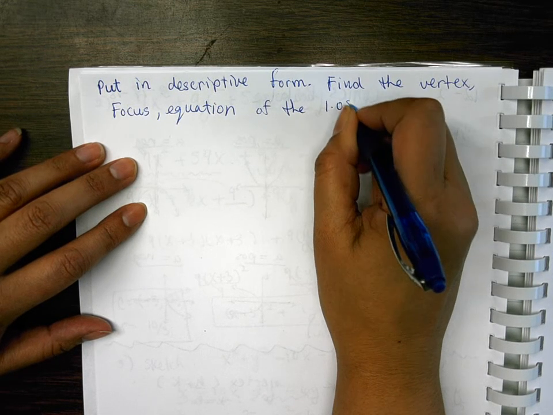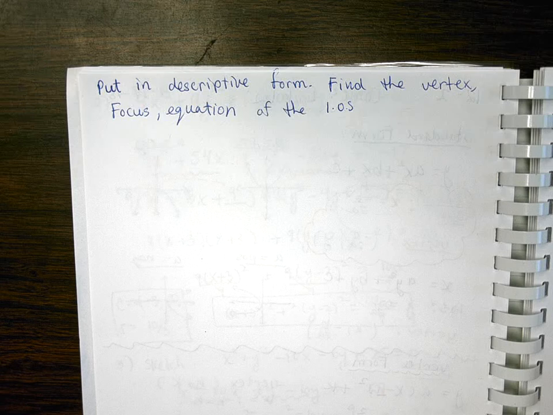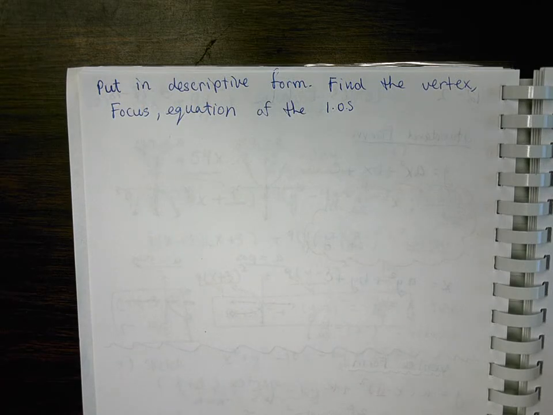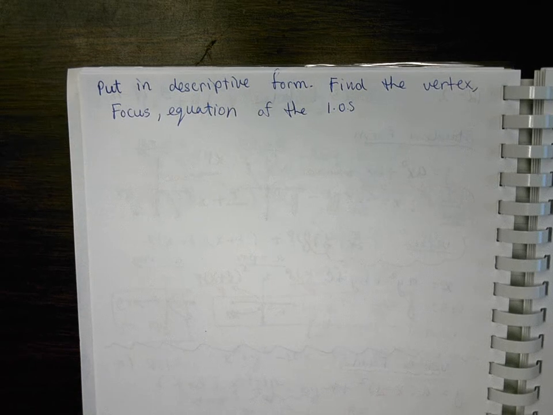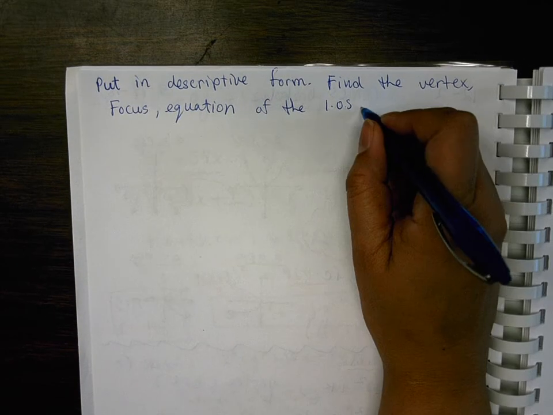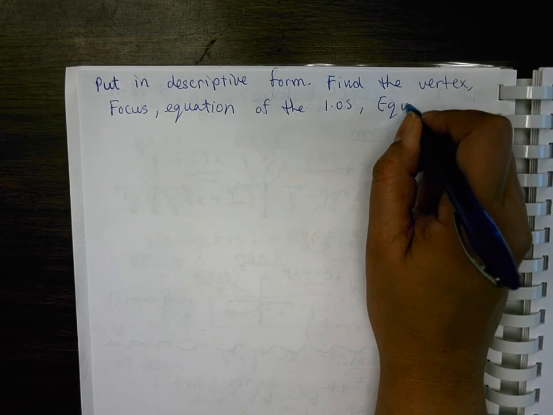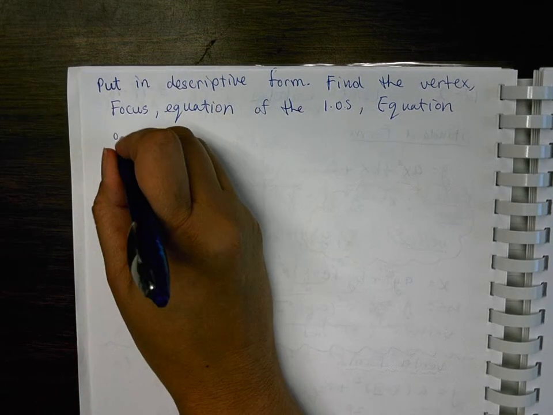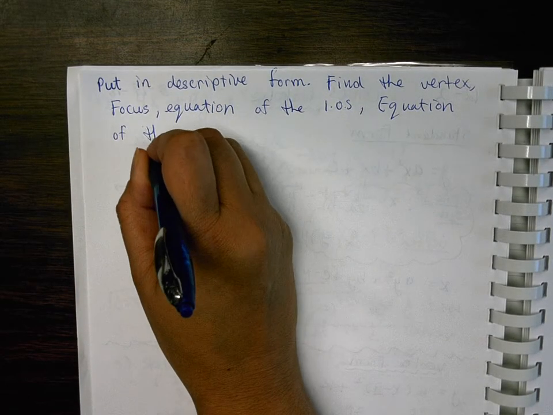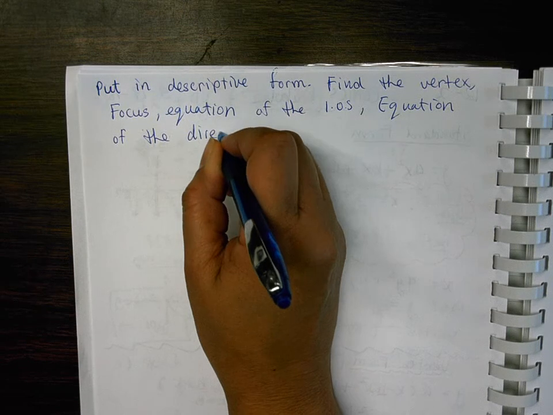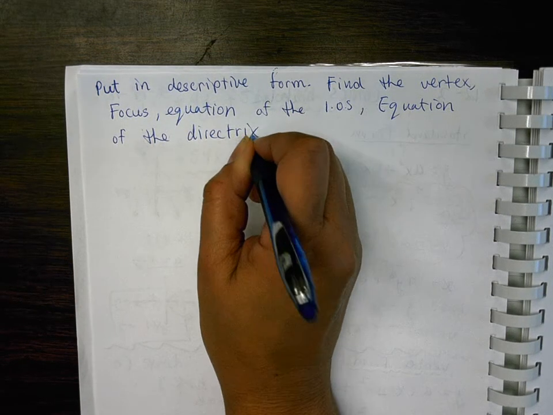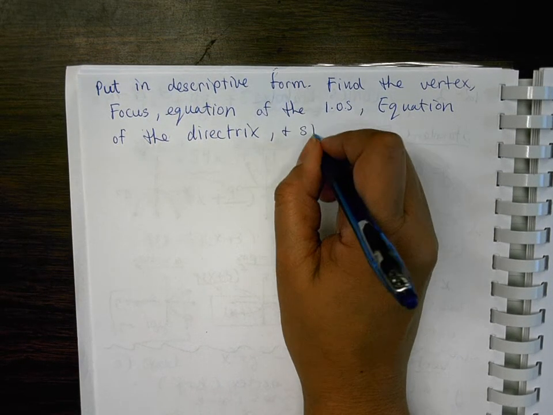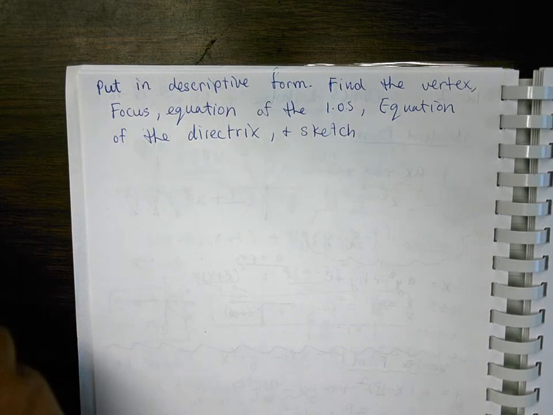And what does LOS stand for? Line of symmetry. And I say equation because I don't want to just see 5. X equals 5 or Y equals 2 or whatever it may be. Comma, equation of the directrix and sketch. Yes, there is a lot to that problem.